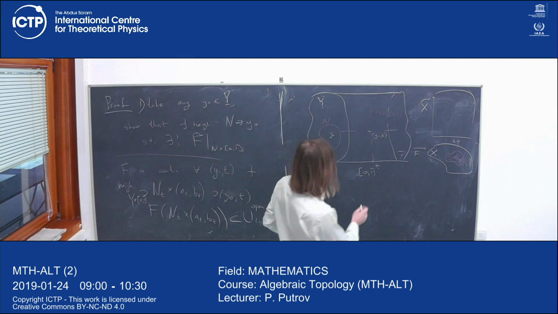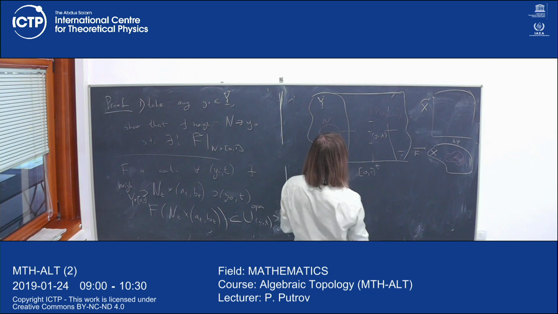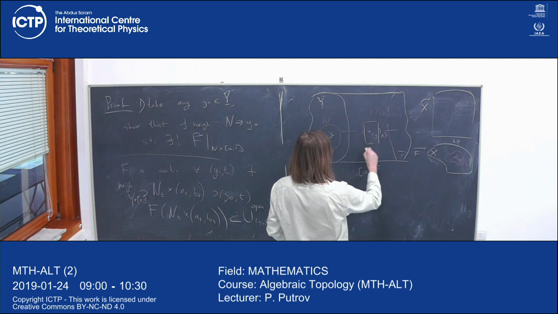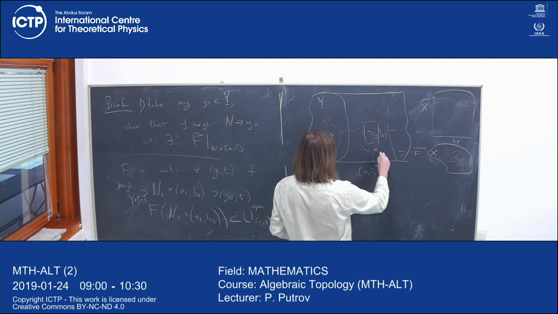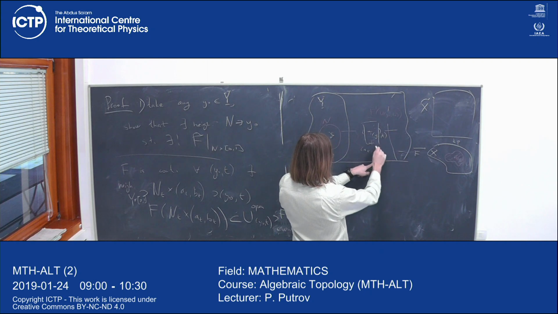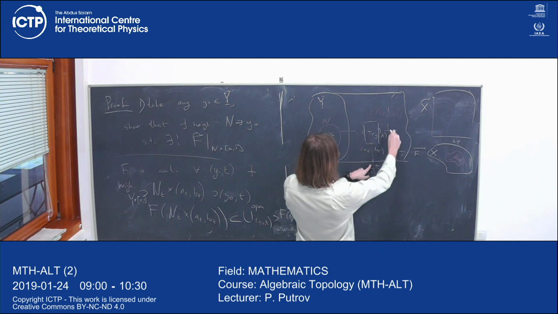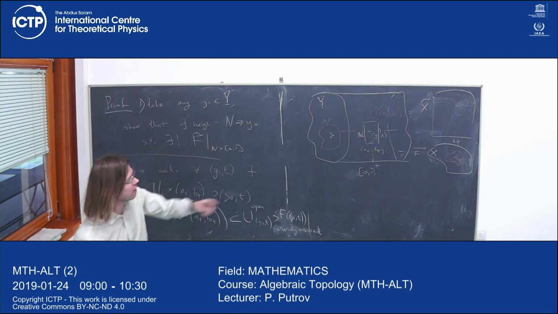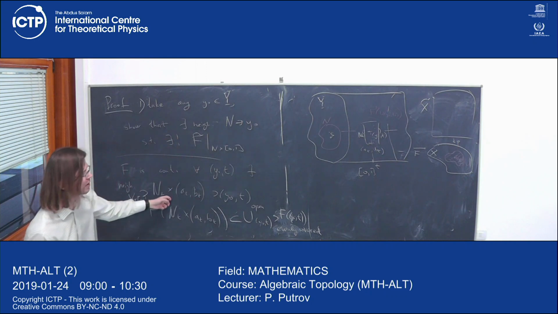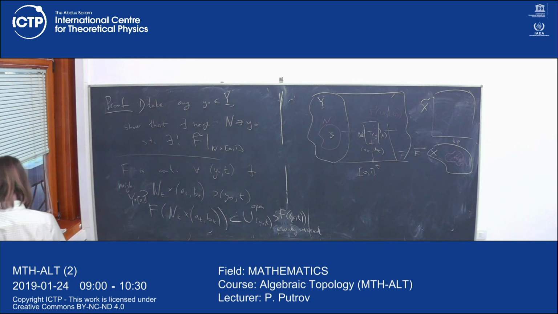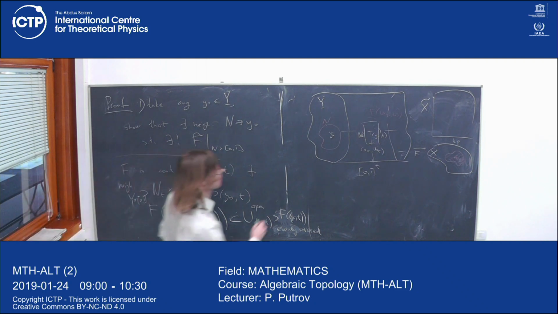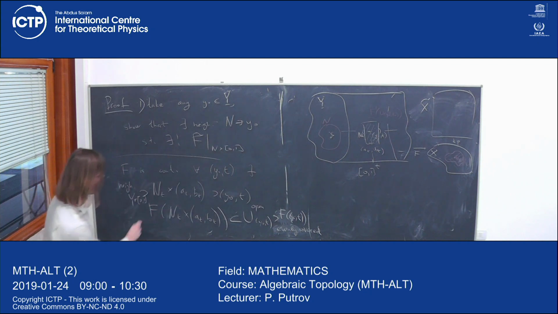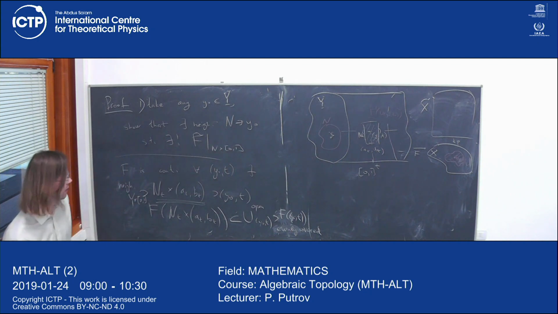So we can always choose a neighborhood which is a product of an open neighborhood in the interval times an open neighborhood in Y. So this is our space M_t times the interval.